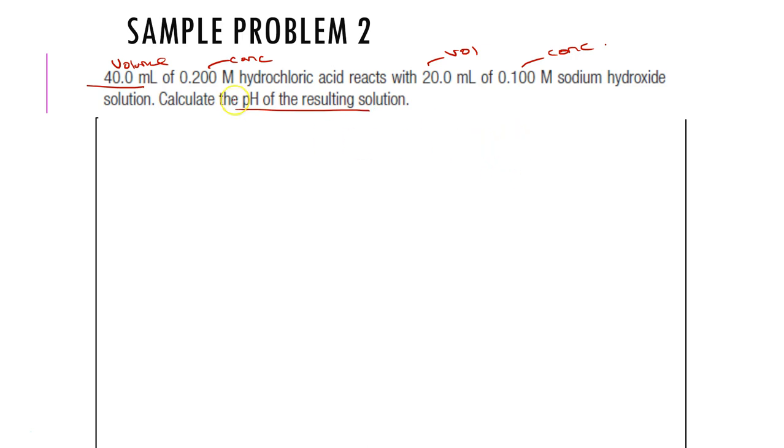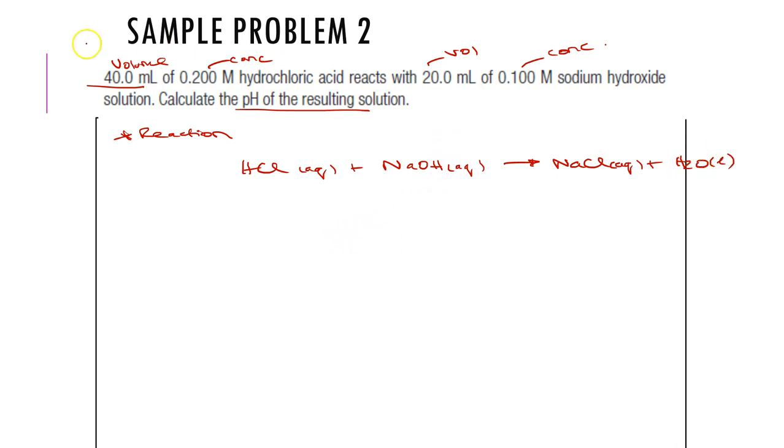So what we have here is a reaction occurring. Okay, we are adding hydrochloric acid plus sodium hydroxide. Okay, so we have an acid plus a base. So this is going to be a neutralization reaction, and it is going to give me salt plus water.